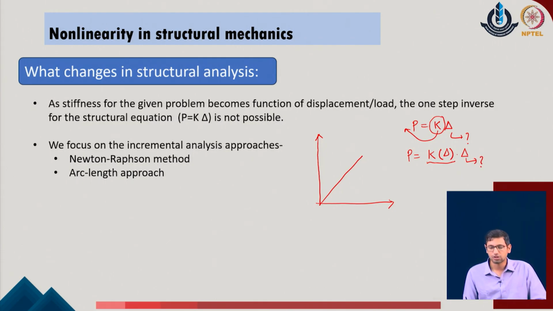So, instead of doing an analysis which can be directly evaluated by inverting the system or by solving this linear system of equations, the user has to rely upon some nonlinear equation solution tools to evaluate the response in the given problem. And this typically brings in the approaches which we call the iterative as well as the incremental analysis approaches.